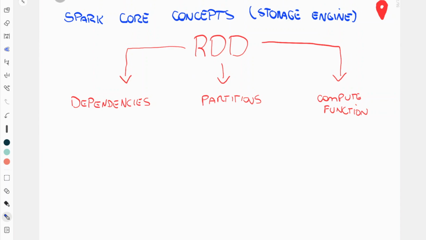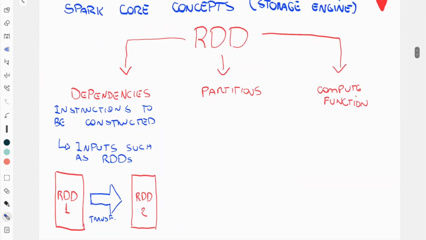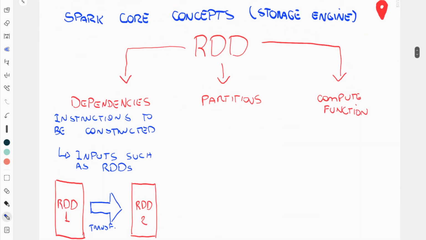RDD has three main concepts: dependencies, partitions, and compute functions. And this will make it very, very understandable why it's so simple and why it's such a good data structure. So dependencies: you have instructions to construct the RDD.